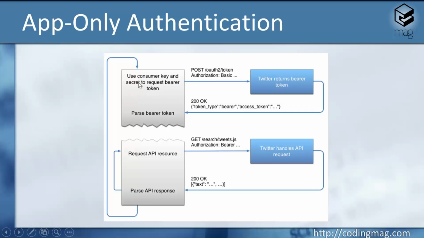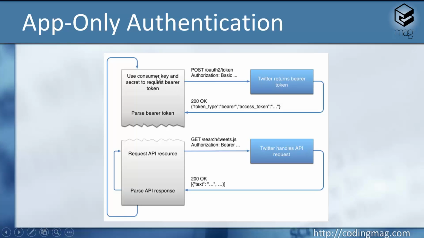At first, we will be using a consumer key and a consumer secret. These two will be provided to us by Twitter when we register to the Twitter API. Then we will record these two values somewhere in our application. In our case, we will be storing them in our web.config file.